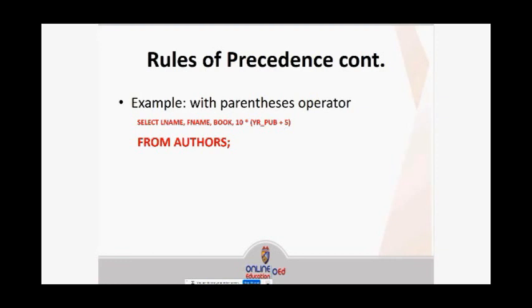It will override the rules of precedence. Because in mathematics, whatever is inside the parentheses, you have to simplify first. Once you have simplified what is in parentheses, that's the only time you can do the second operation.